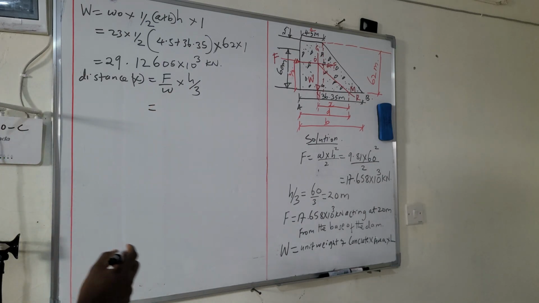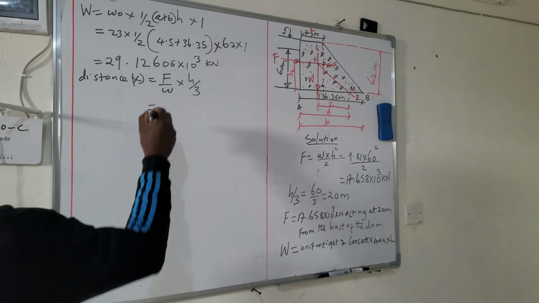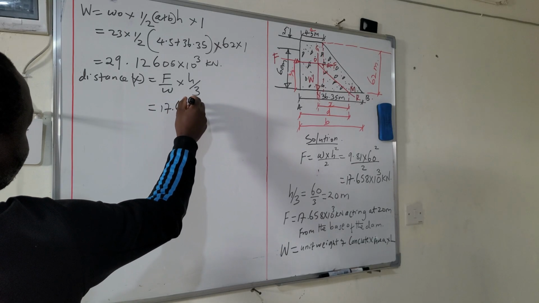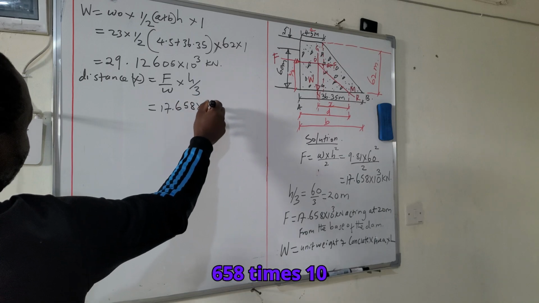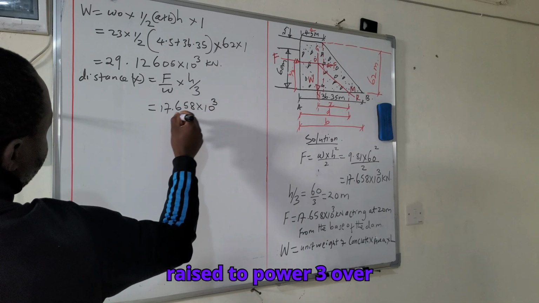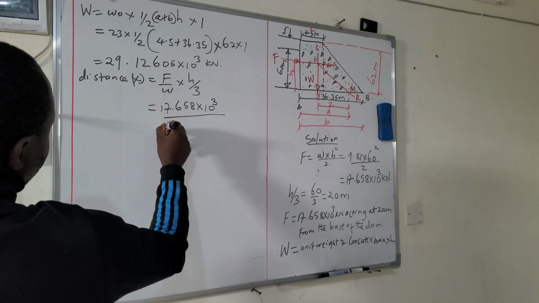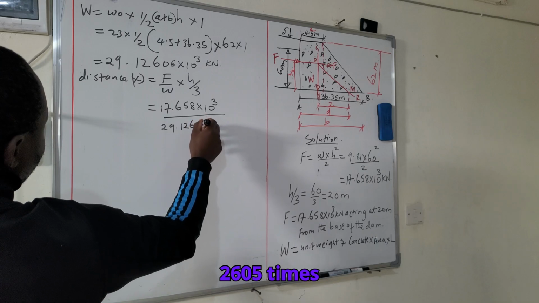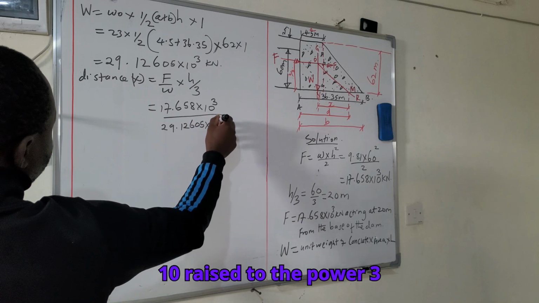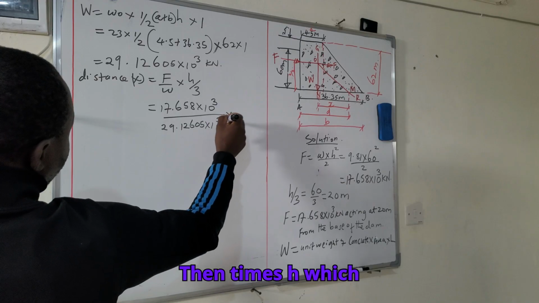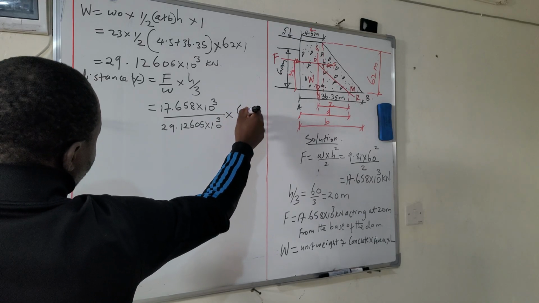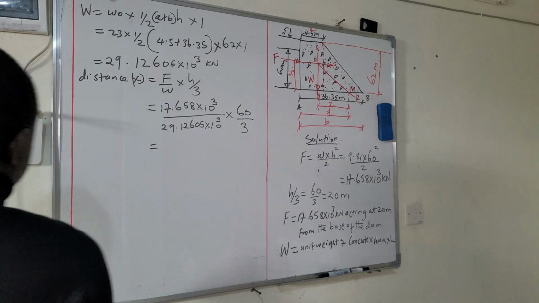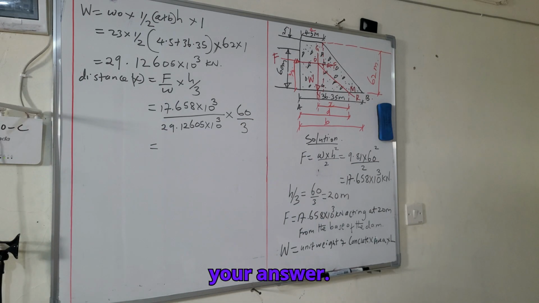So our F is 17.658 times 10 raised to power 3 over 29.12605 times 10 raised to power 3, then times small h, which is 60 over 3. Then you punch your calculator to obtain your answer.